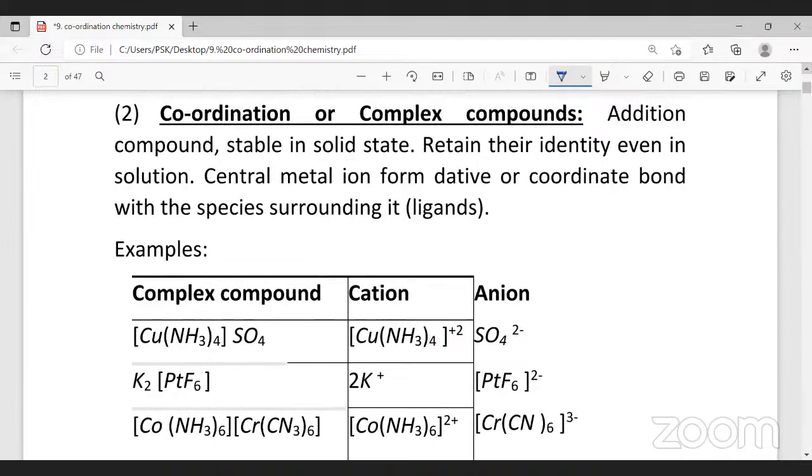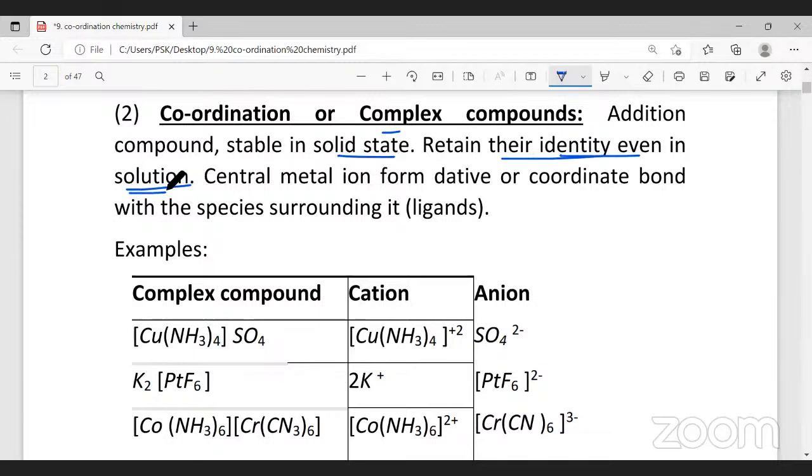See, this is an important question. You are expected to identify the simple salt and double salt. They can ask you directly to give one or two examples for a double salt in your regular 12th standard exam. Now, the coordination or complex compound. This coordination compound or complex compound is an addition compound, stable in solid state, and it retains its identity even in solution state.